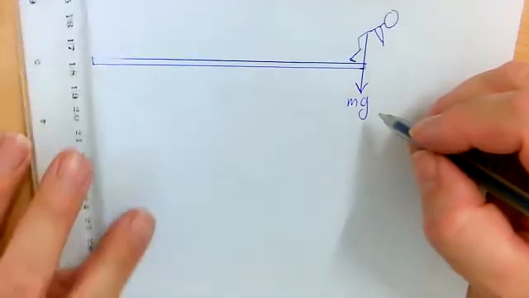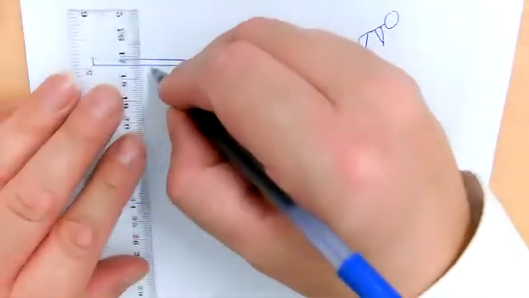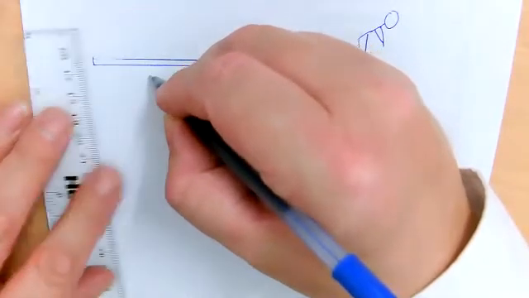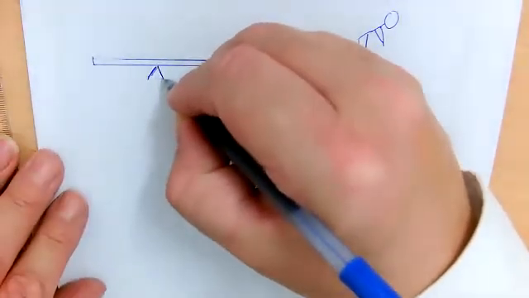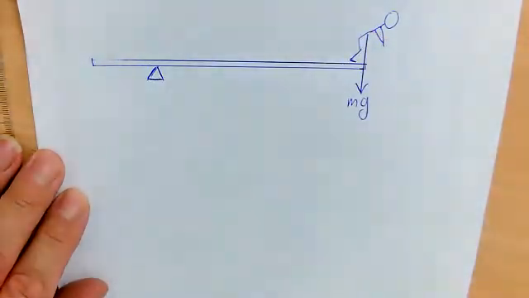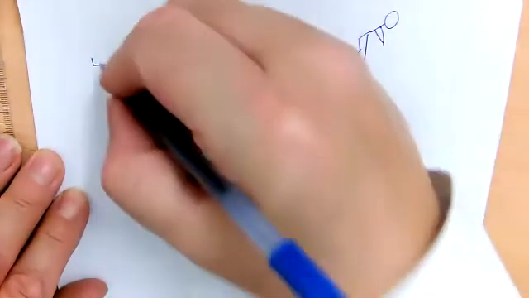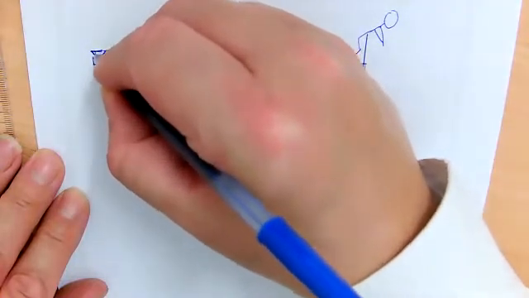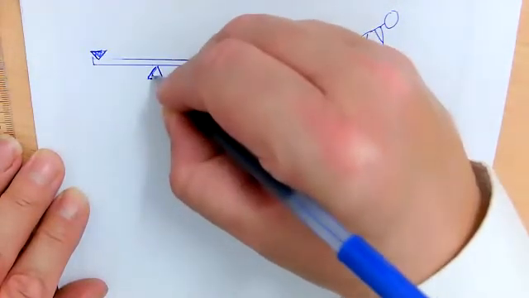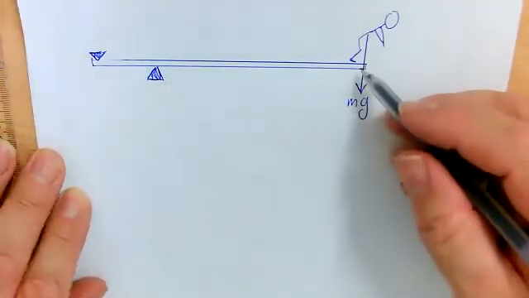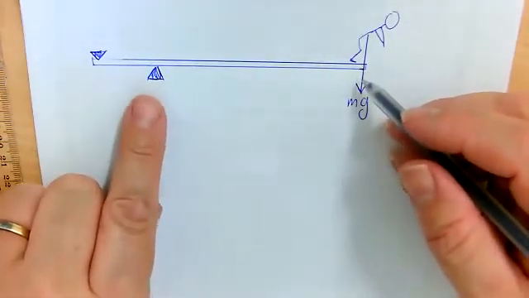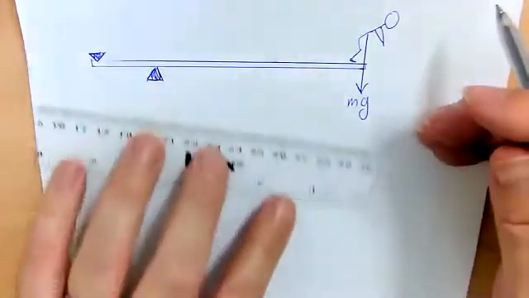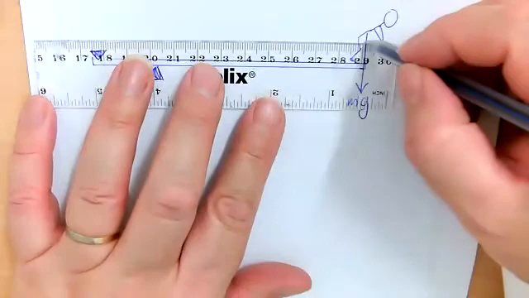Now, if we've got a diving board, then there are going to be two supports. There's going to be one support about here, and there will be another support tying it down about there. So what's actually happening if you're on the diving board, we could try and work out the forces involved in this diving board. So what we'd need are a few distances.